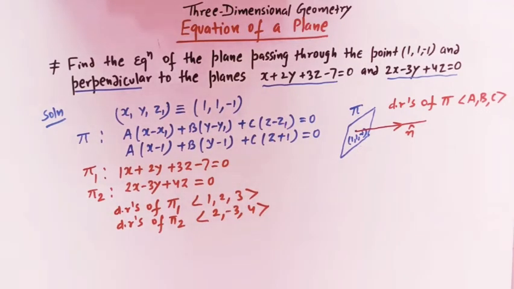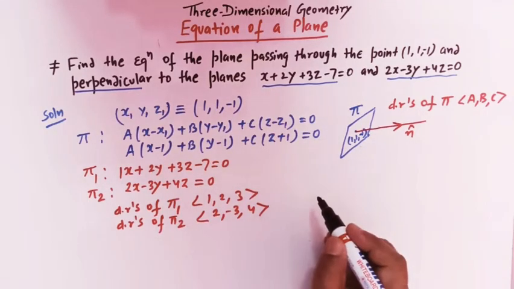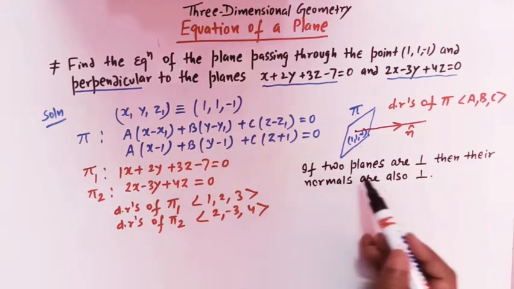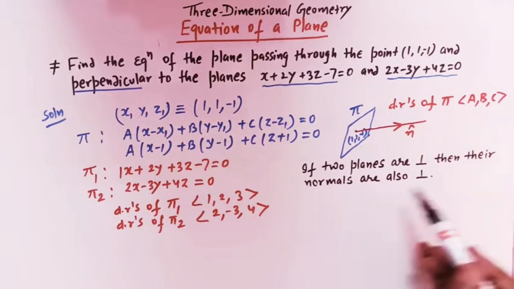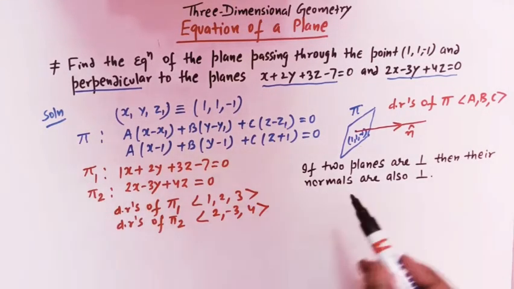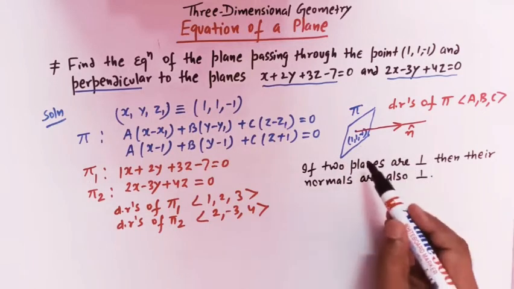Now here we know that if two planes are perpendicular, then their normals are also perpendicular. So let us draw the plane pi 1.